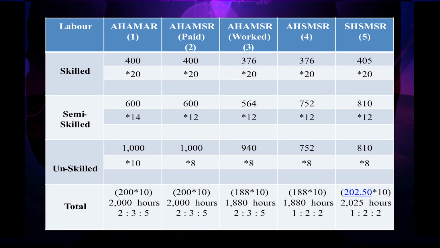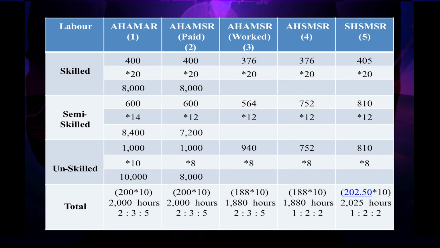After this, get the product for each cell, and for that we have to multiply the hours into the rate. So, for column 1, skilled is 8000, semi-skilled 8400, unskilled 10,000. Similarly, column 2 it is 8000, 7200 and 8000 for skilled, semi-skilled and unskilled respectively.